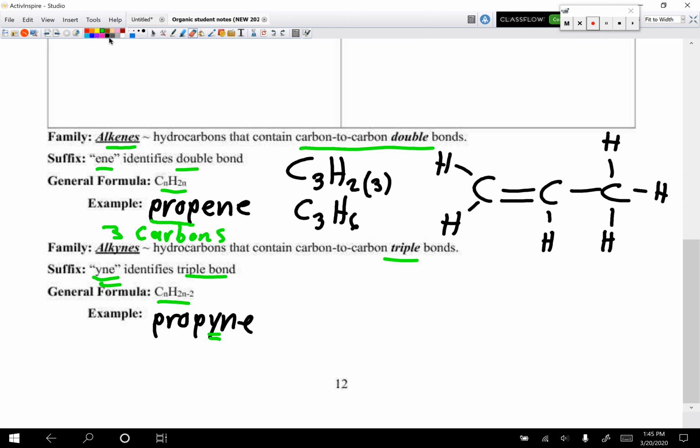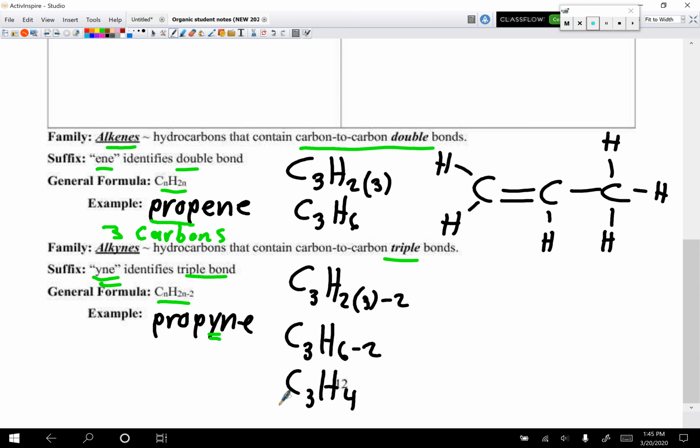So our general formula, let's figure it out for propyne. So you got C3H 2 times 3 minus 2. All right, so we simplify this. So C3H6 minus 2, or C3H4 is our empirical formula for propyne.